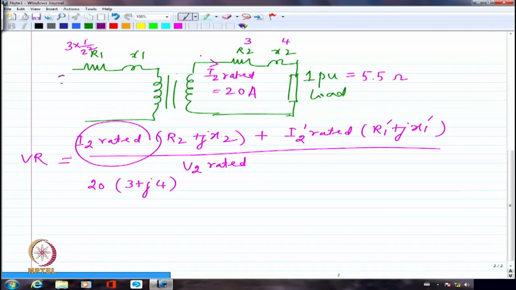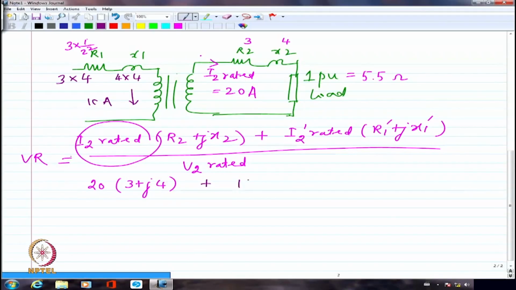So if I am saying that both the resistances are comparable, I should have the same 3 ohms on the other side but referred to the primary side. So it will be 3 multiplied by 4 and this will be 4 multiplied by 4. And what will be the current here? Current will be only 10 ampere. Right? So I have to write this as 10 multiplied by 12 plus J times 16.